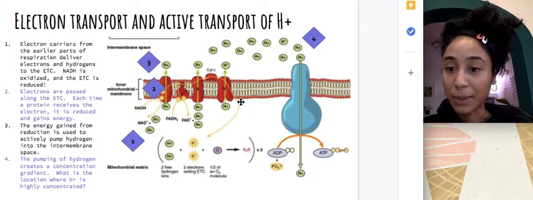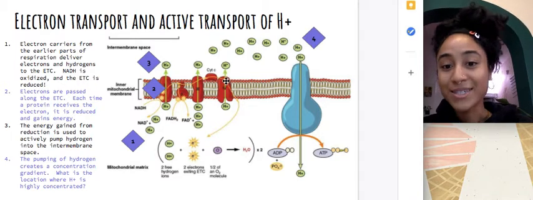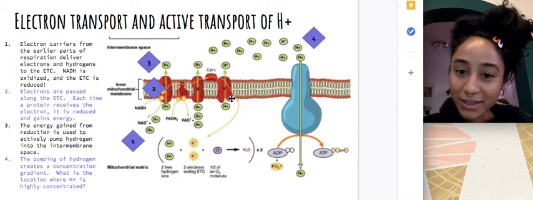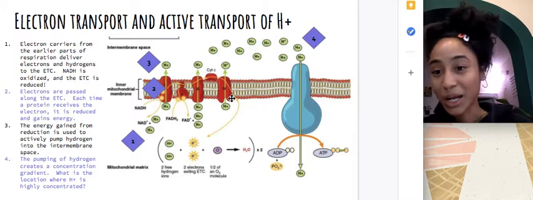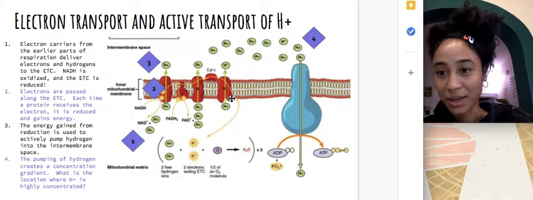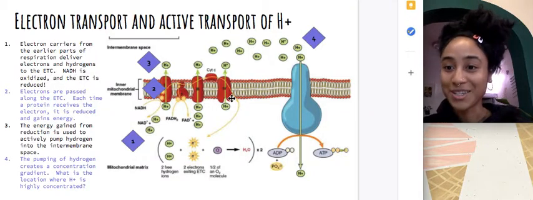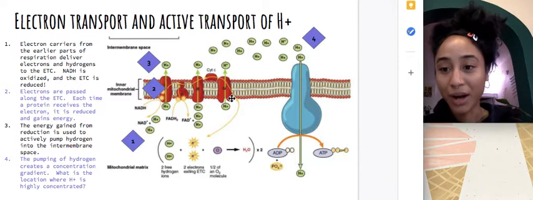If there is no final acceptor of electrons, the final electron will get stuck in this protein. And if it gets stuck in this protein, it's not going to move out. So if it doesn't move away, then there's not going to be space for the next electron to come through, and if there's no opportunity for that, we can't pump our hydrogens anymore.